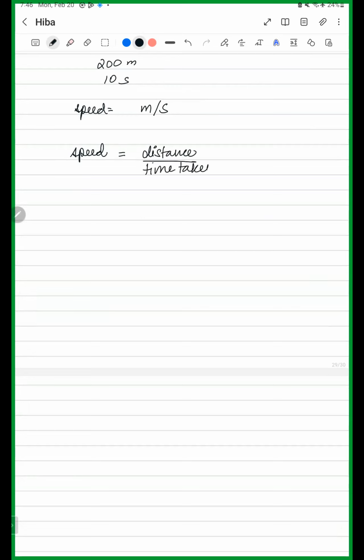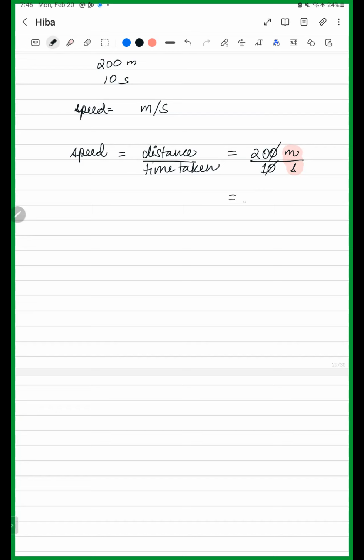So the cheetah, it travels 200 meters in how much time? That's it, 10 seconds. In 10 seconds, है ना? So that is why your units come out to be meters per second. That means you can cancel this 0 and this 0.